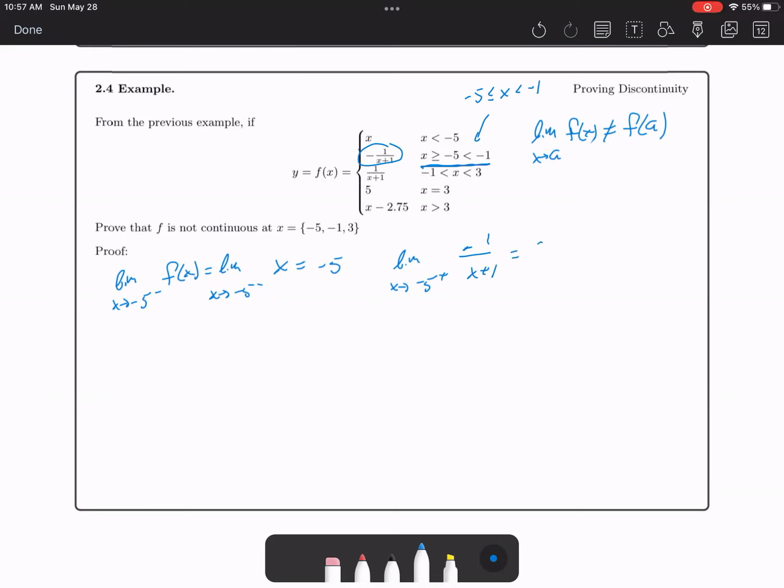Via direct substitution, you get -1 over -5 plus 1. That's -1 over -4. That's 1/4. So on the left-hand side, you approach -5. On the right-hand side, you approach 1/4. The limit does not exist. Therefore, there's no way that your function is continuous.